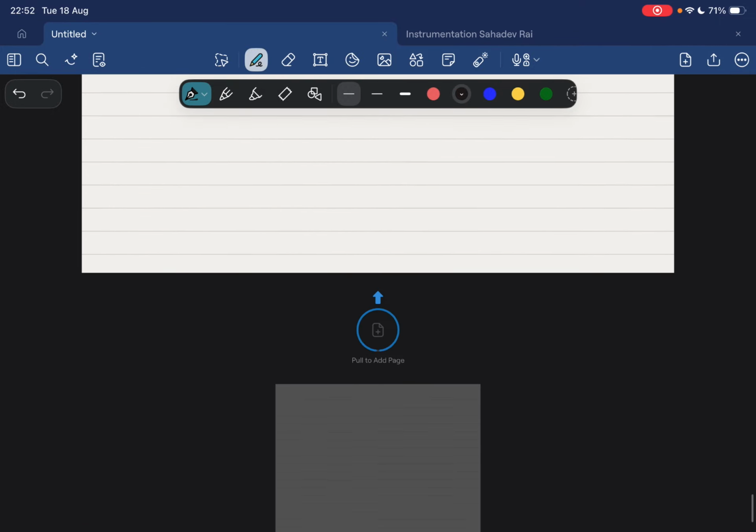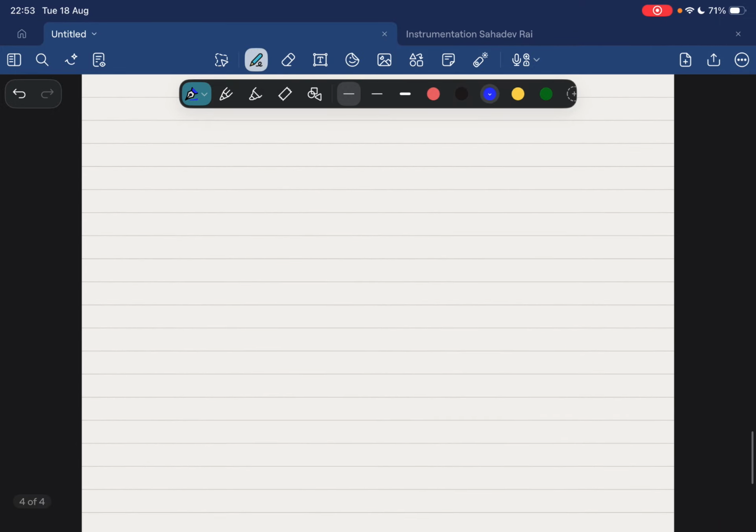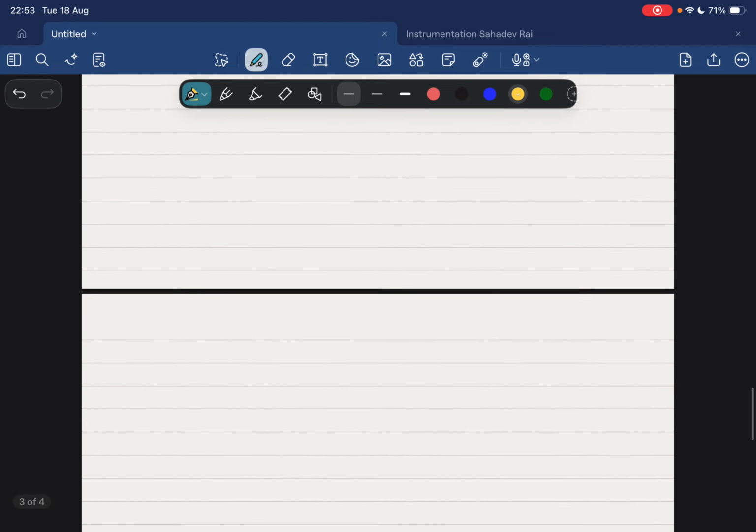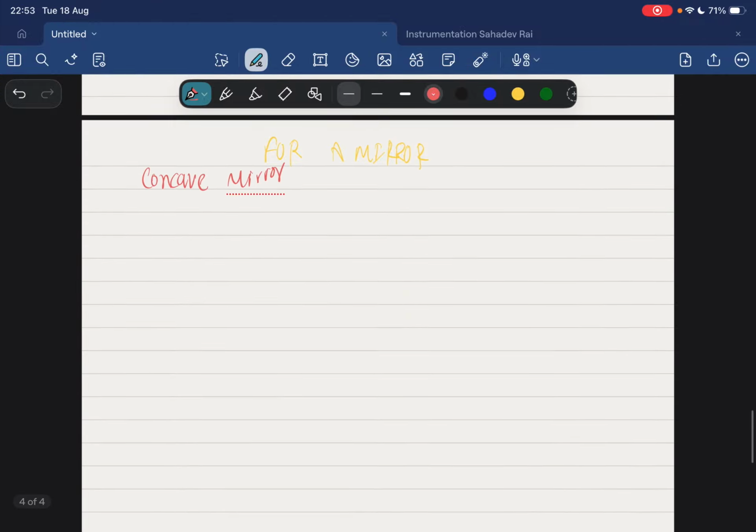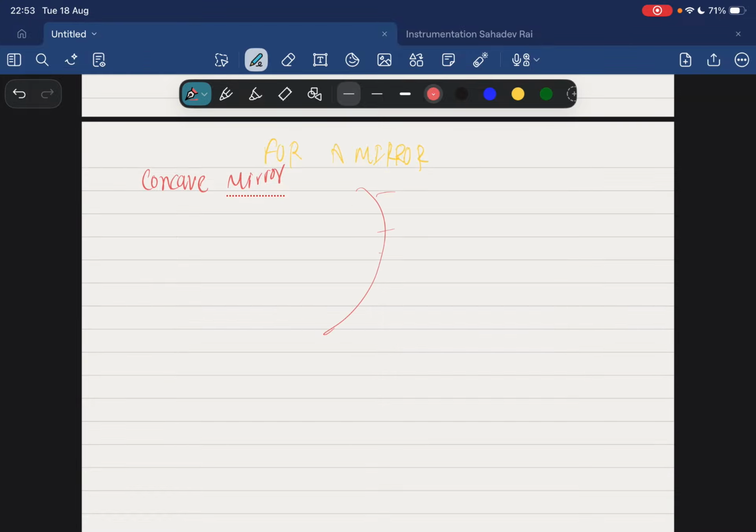So for a mirror, now for a mirror, let's say the concave mirror, where this is somehow a concave mirror, this is the focal length, C, F, this is all going to be negative.